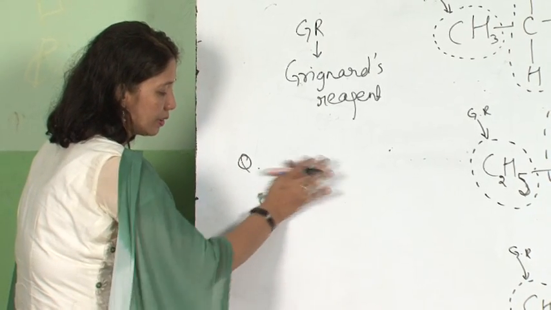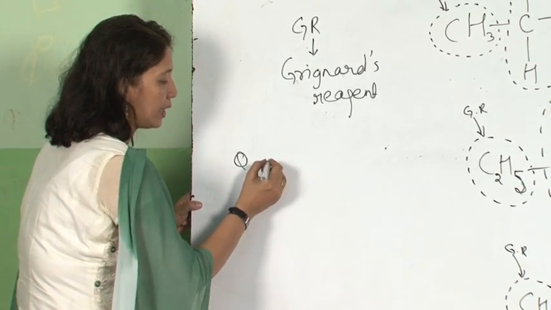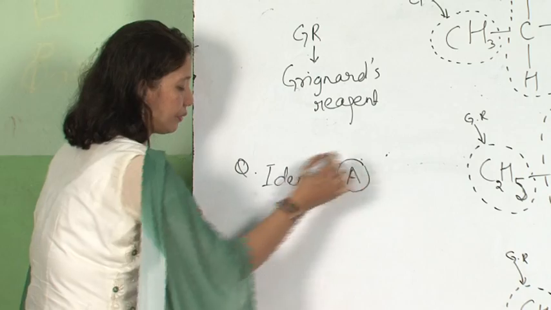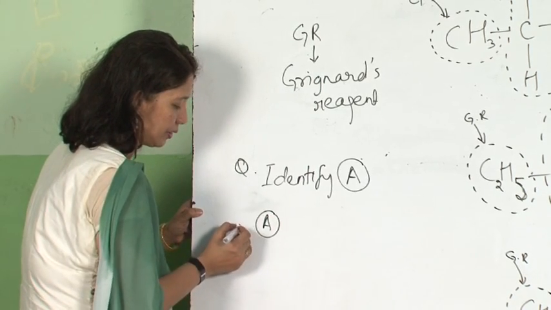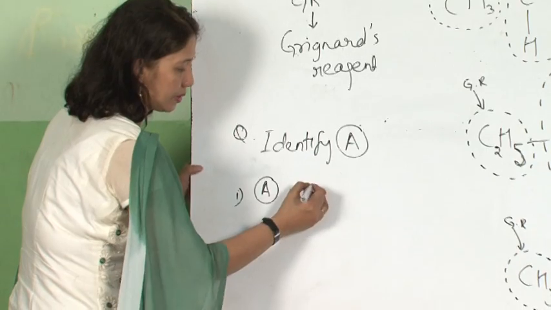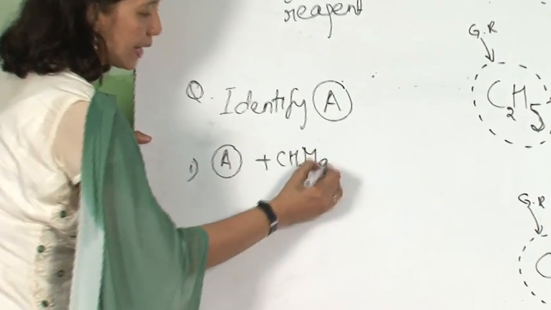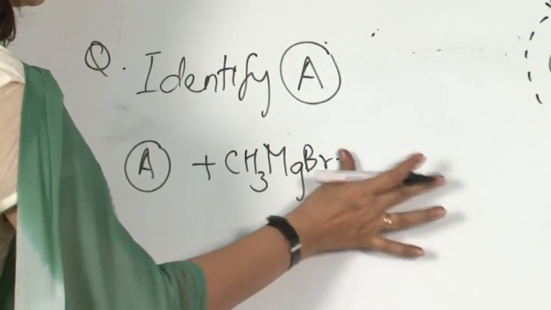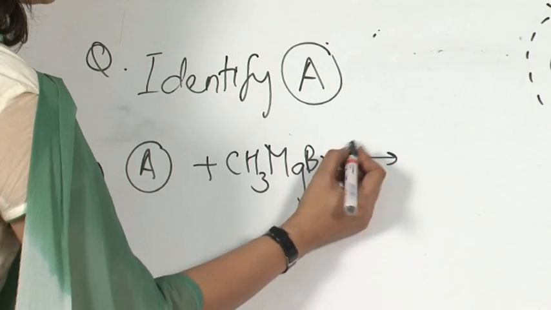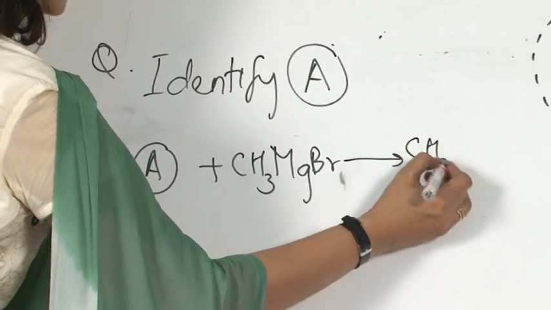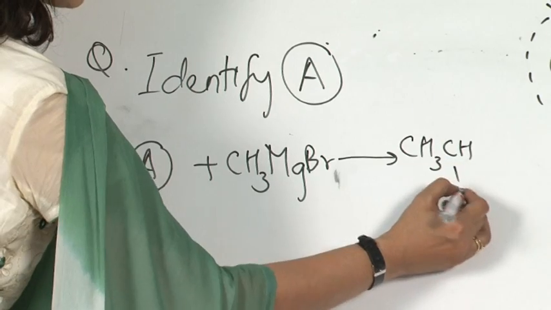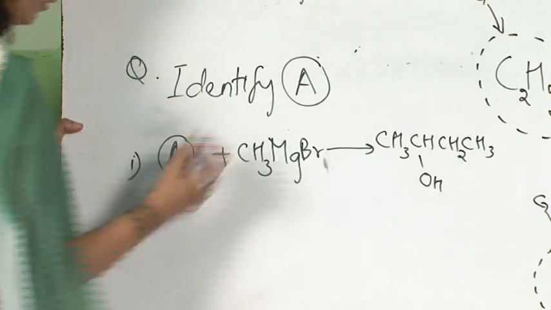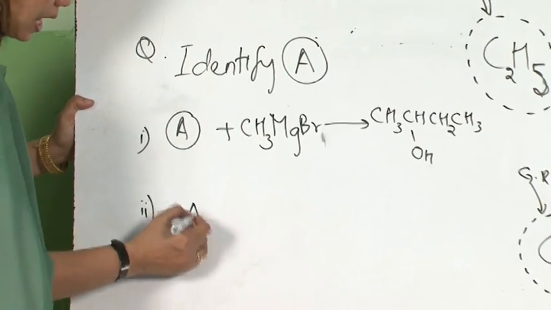Identify A. This is the first part of the question: A plus CH3MgBr is going to give me CH3CHOHCH2CH3. And the question once again, identify A.